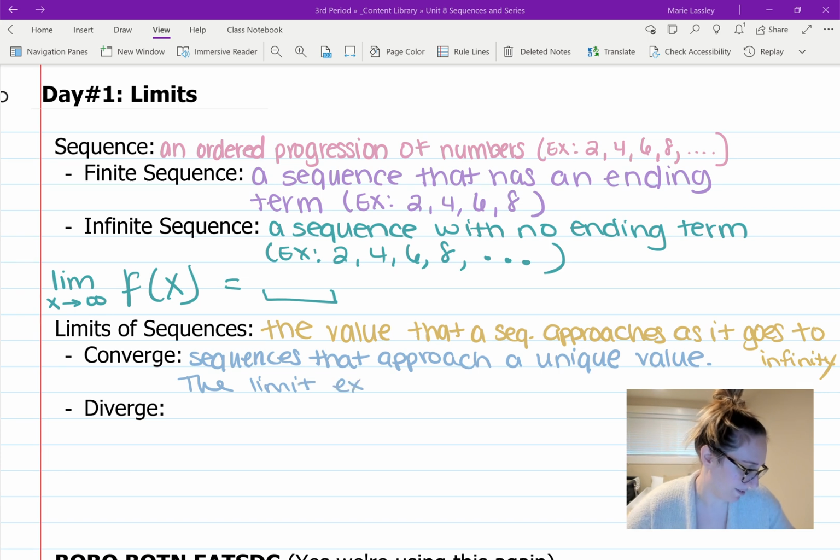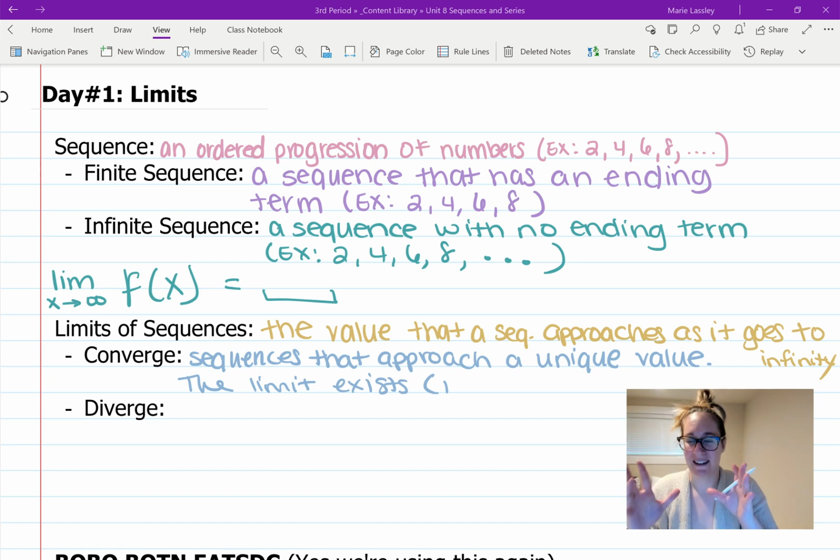It's a number. I don't know how else to say this. It means that you have a limit; the limit exists, it approaches some number. So infinity does not count as a convergent sequence. If something is going to infinity, it's not really approaching anything, it's just getting larger without bound. So when we say something converges, it's approaching a single number, like 1 or 2.